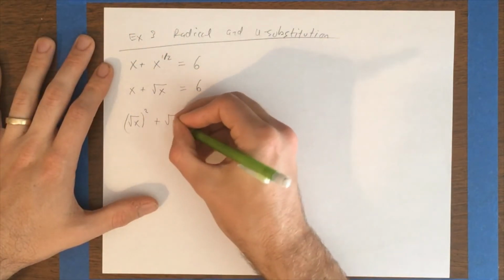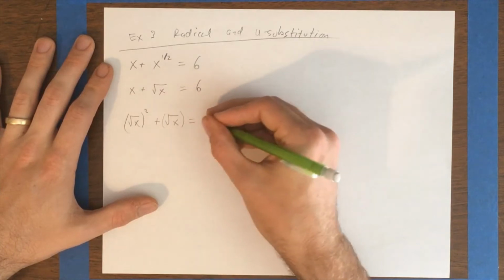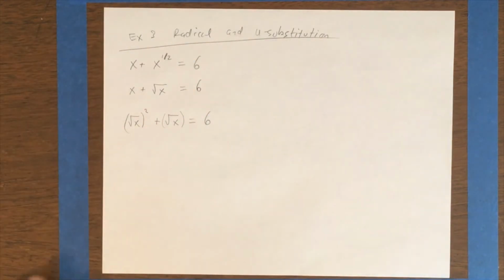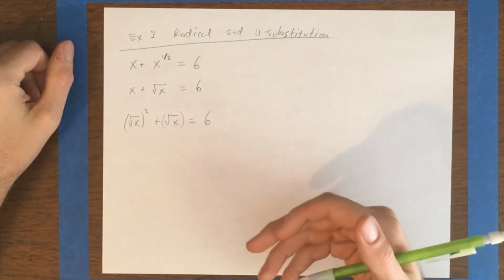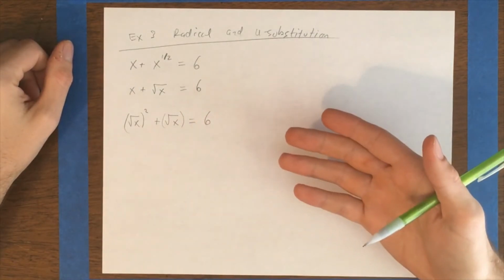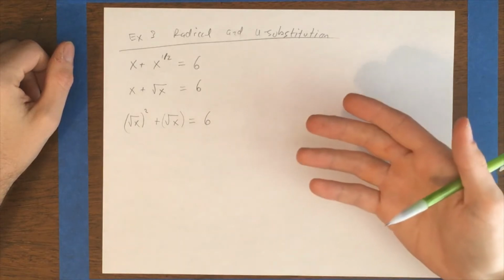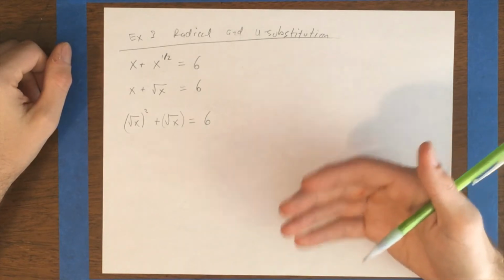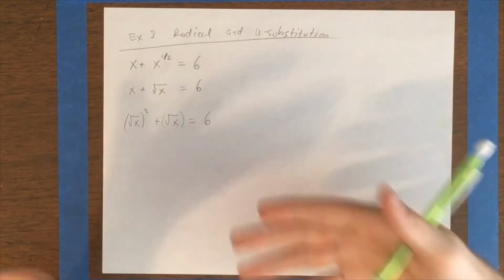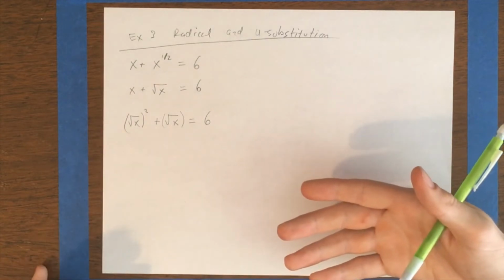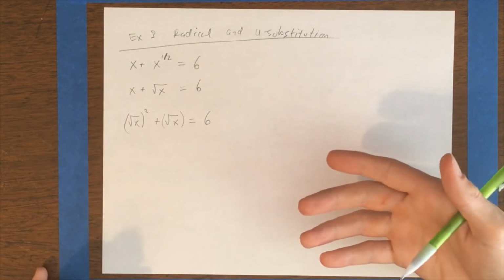I'm going to use parentheses here to highlight this. It shows us that this is basically a quadratic equation that you've substituted the square root of x into in place of whatever variable you had there before.